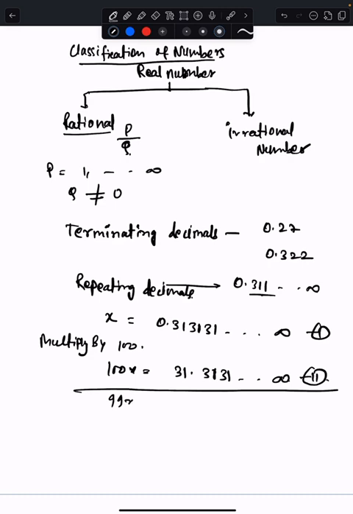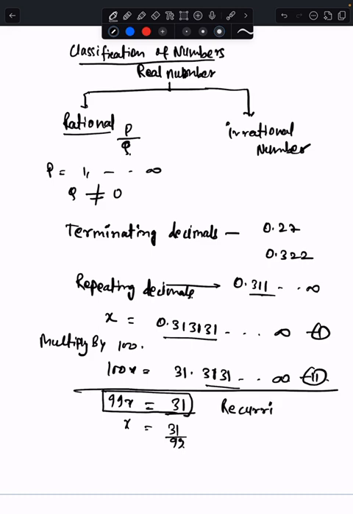We get 99x is equal to 31, because this part and this part will be subtracted. So x is equal to 31 by 99. So in this way we convert a recurring decimal number into a fraction.